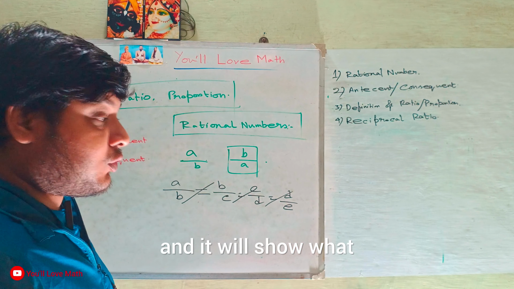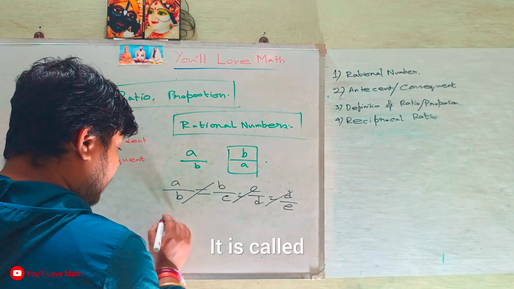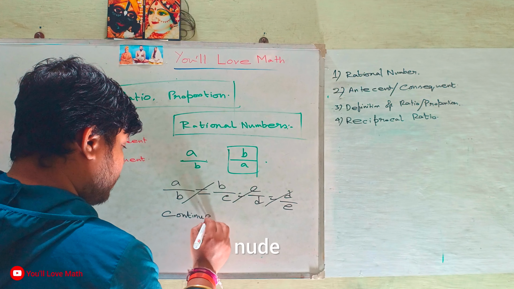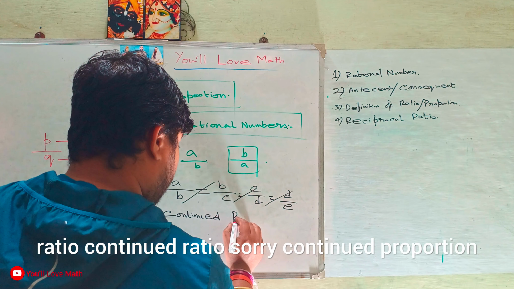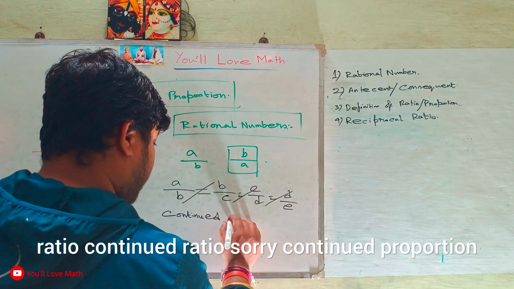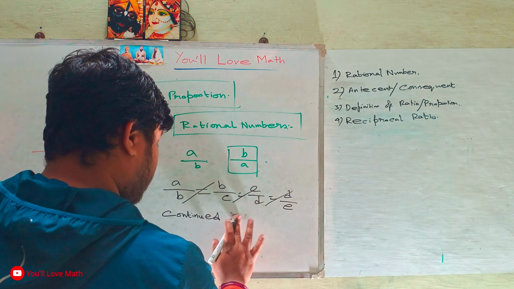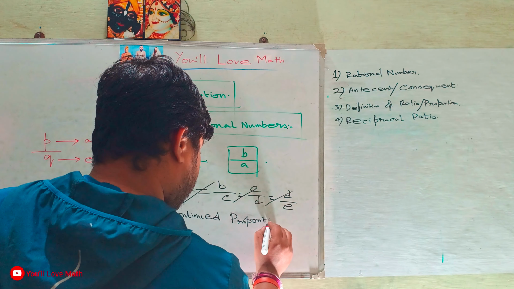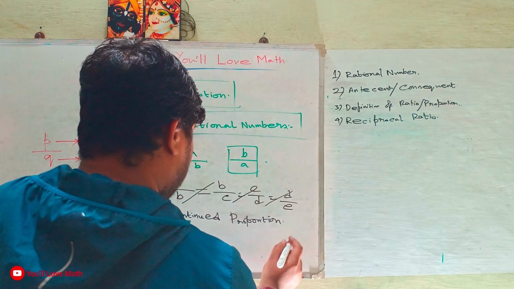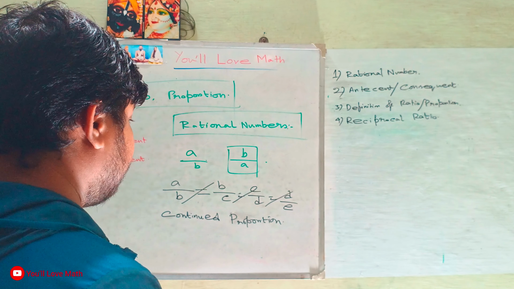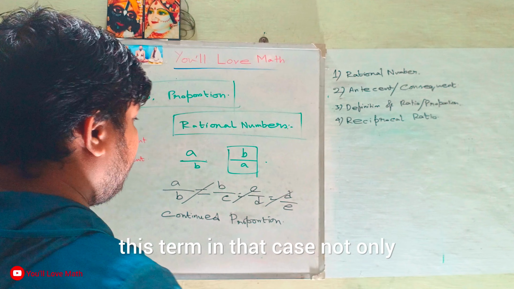This is called continued ratio, continued proportion.